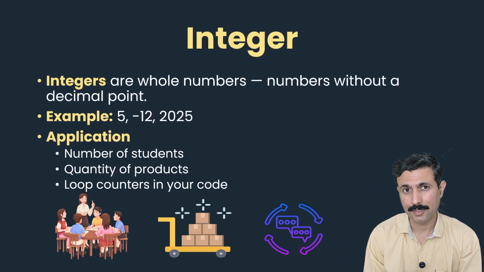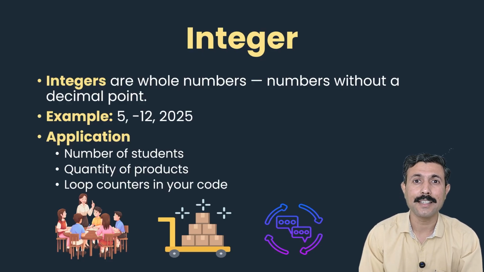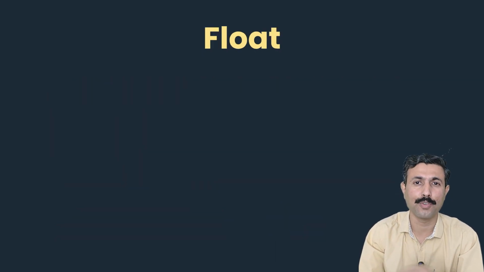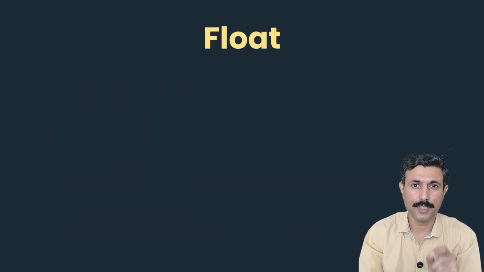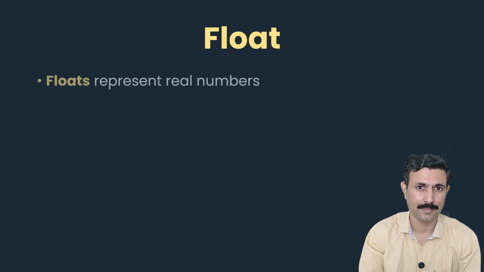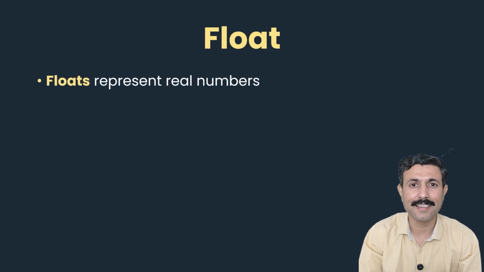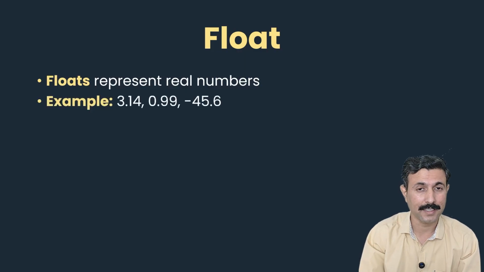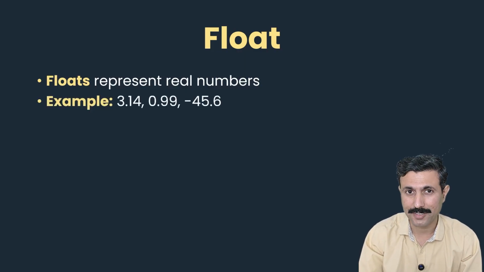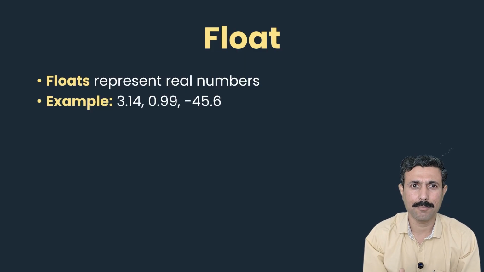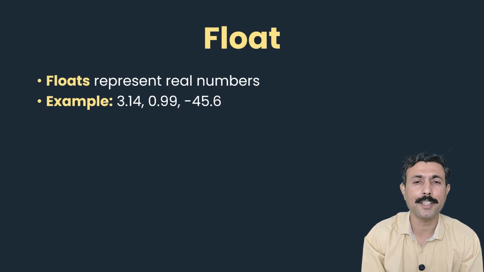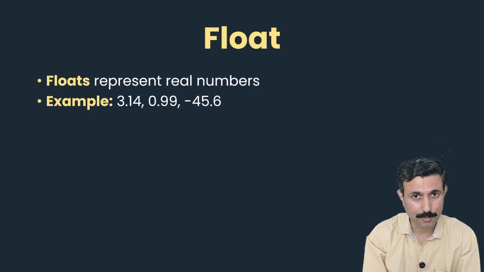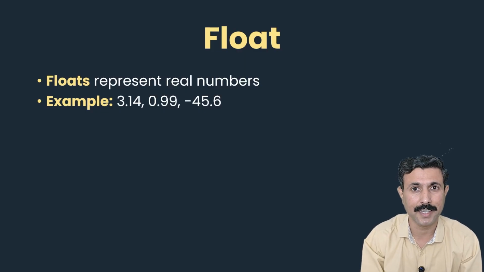Now after this, what if we need a decimal point? That's why we have float, or floating point numbers. Float represents real numbers like 3.14, 0.99 or minus 45.6. Think of a number that can float in between any two integers, like 3 and 4: 3.14, 3.26, 3.97, like that.